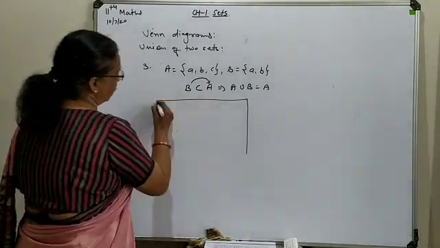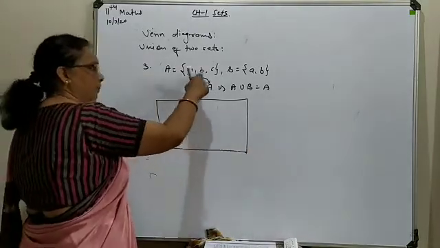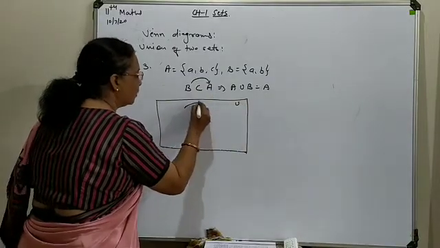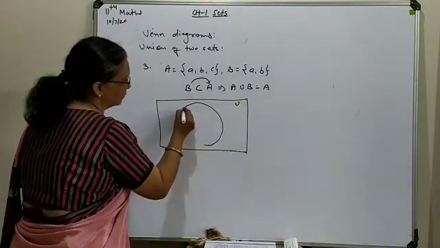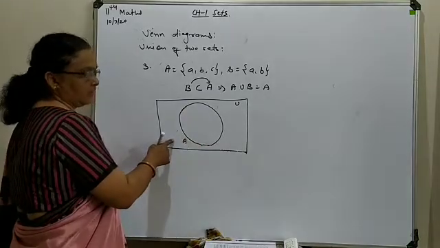So here, first a rectangular box, then B is a part of A, meaning first of all you will make a big circle over here which will be considered as set A, the largest one.